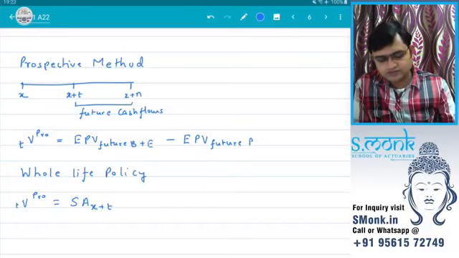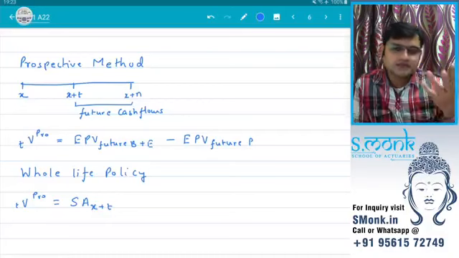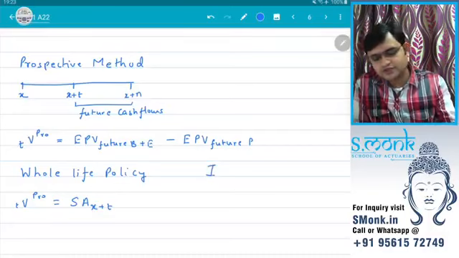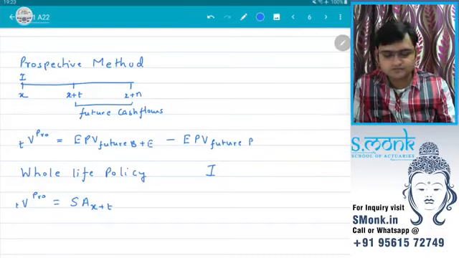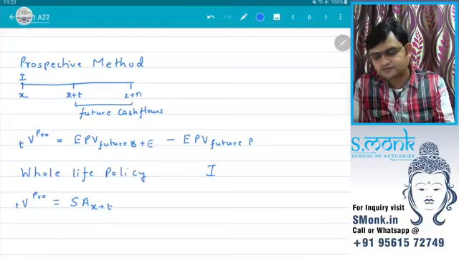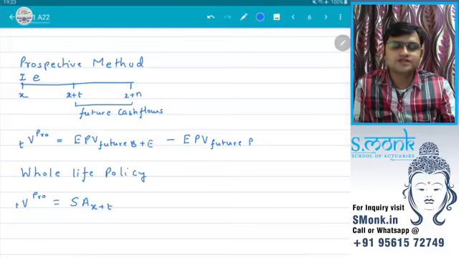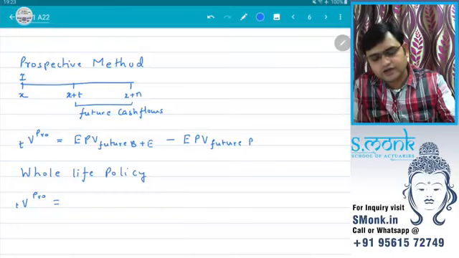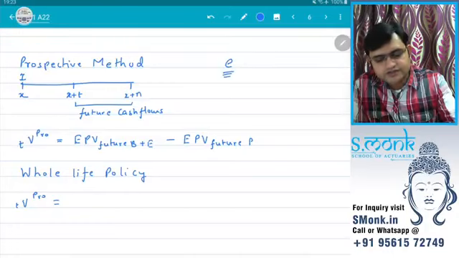Okay. Now, let's take expenses as well. So see, initial expense will always be given at time 0. That is not our future cash flow. Renewal expense, we say, will be given each year, similar to premium, right? So in future, how many years will we be giving? So plus E. Okay, rather I will just tell you that E is our renewal expenses.